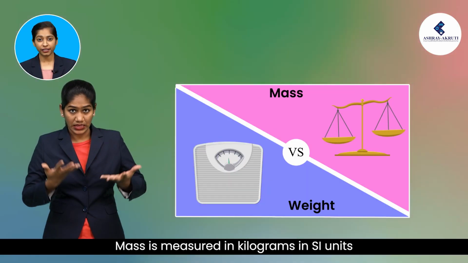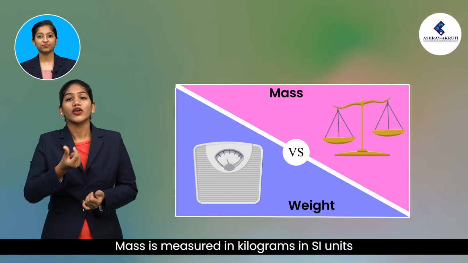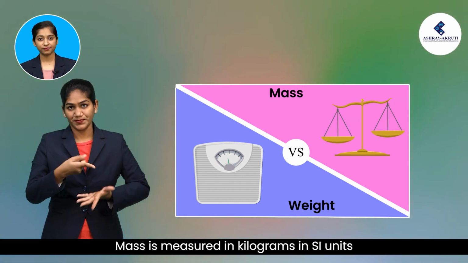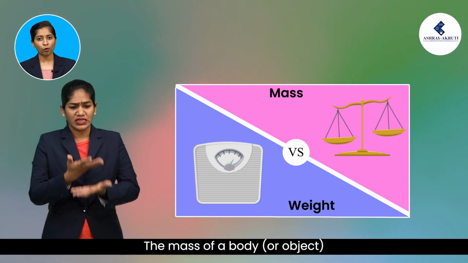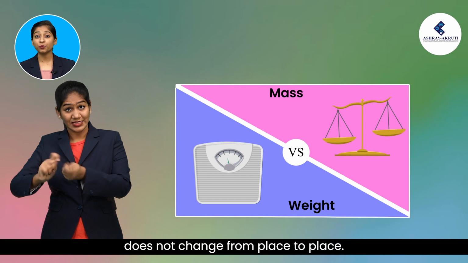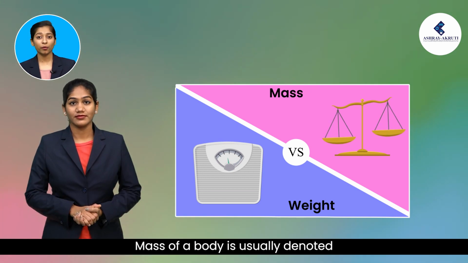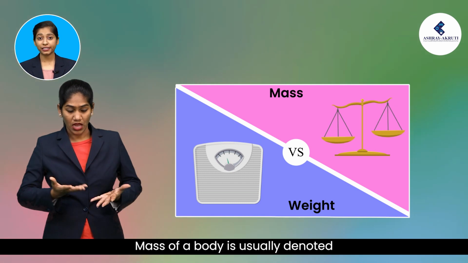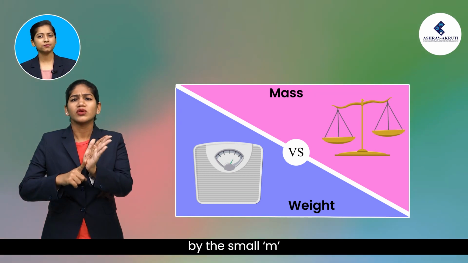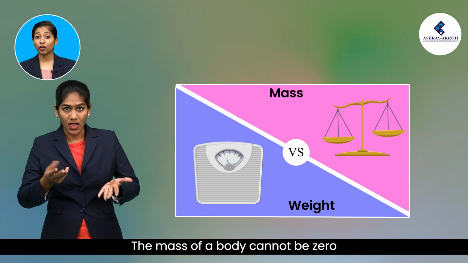Mass is measured in kilograms in SI units. The mass of a body or object does not change from place to place. Mass of a body is usually denoted by the small m. The mass of a body cannot be zero.